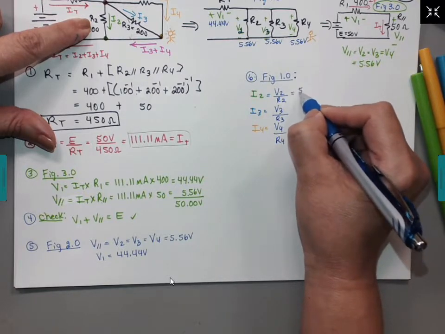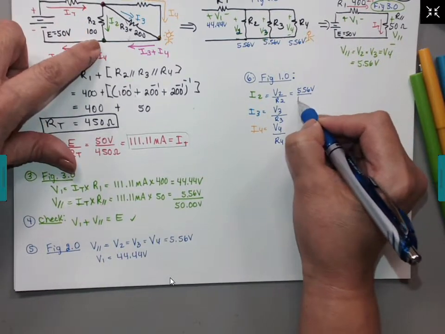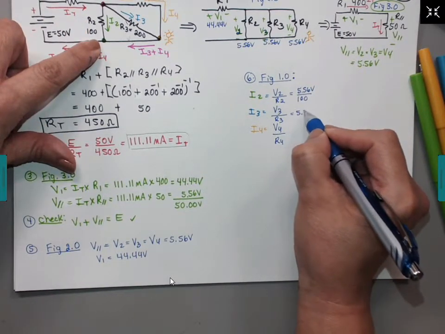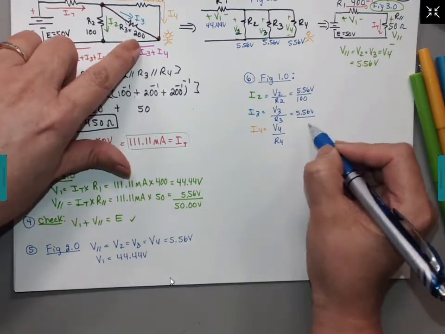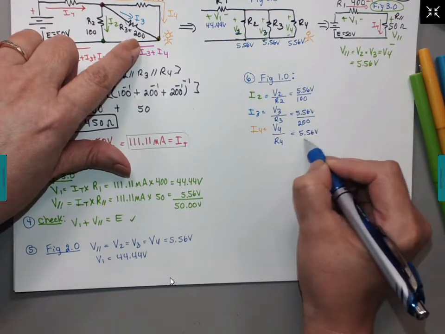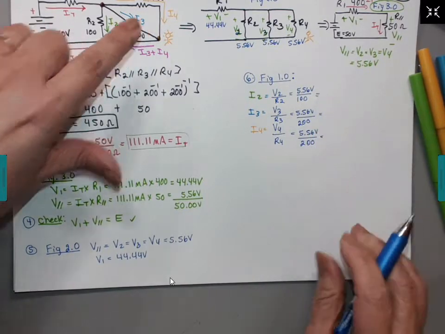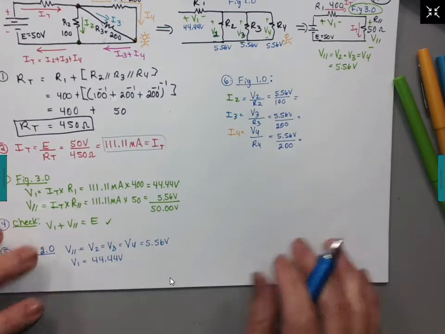So we're going to have 5.56 volts divided by 100. 5.56 volts divided by 200. And 5.56 volts divided by another 200. So we're looking at all our currents.